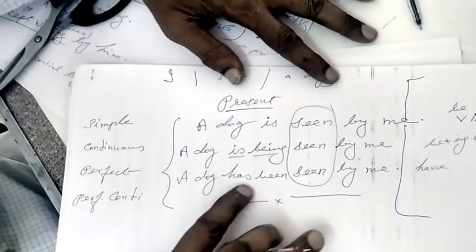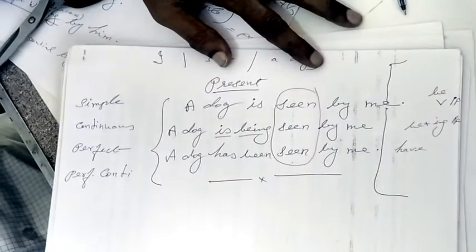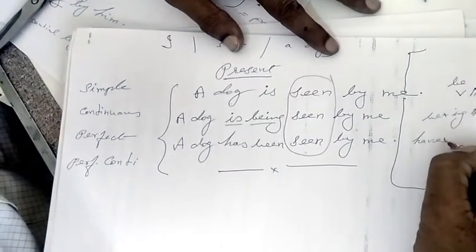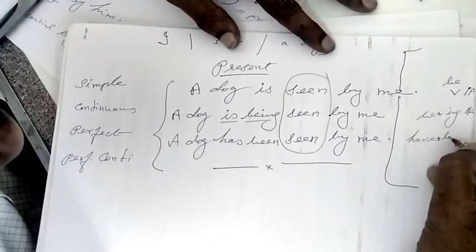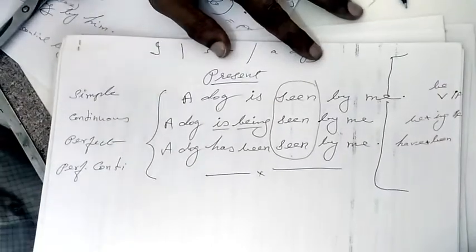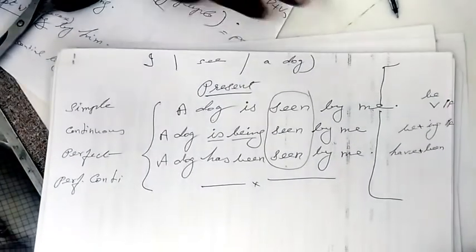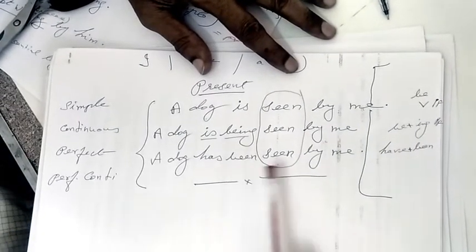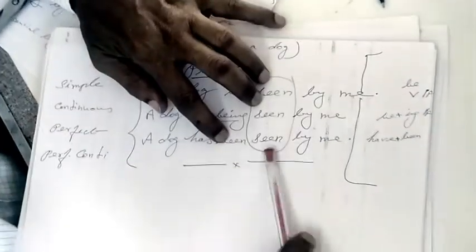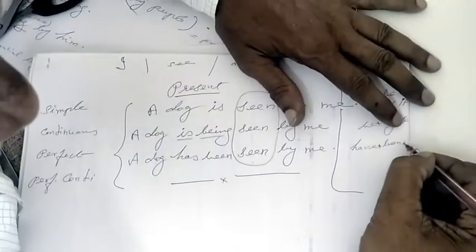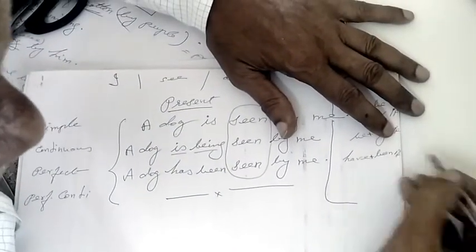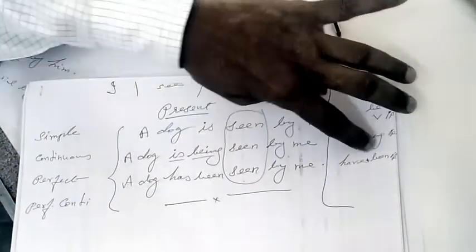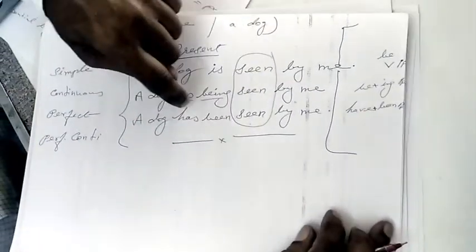In this place has, because it is third person singular, and the word been. Been serves two purposes. It is a B group, and B group with seen, the past participle, makes it a passive voice. And this been, also being the third form of B group, has made it a perfect tense, has been.